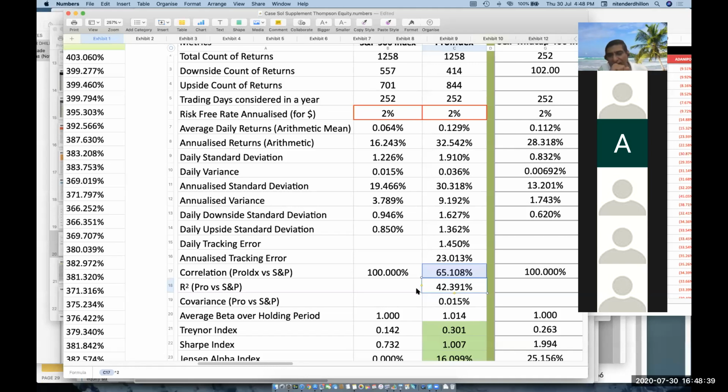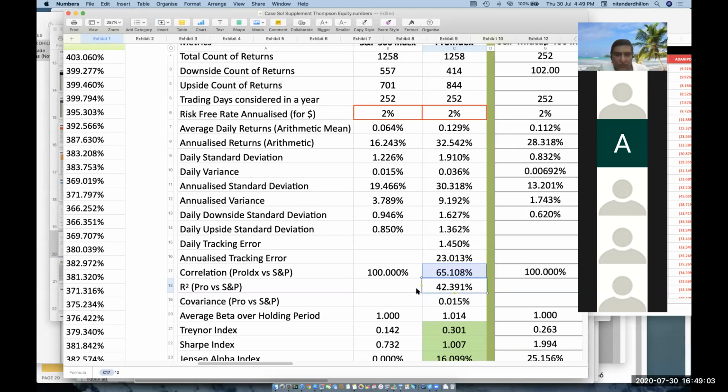Sir, 42% of the variance is explained by this number. No, 42% of which variable's variance? Sir, the S&P and the Pro Index. You have two funds in front of you, and you have calculated the correlation and R square of S&P and Pro Index. Yes, sir. Correct?